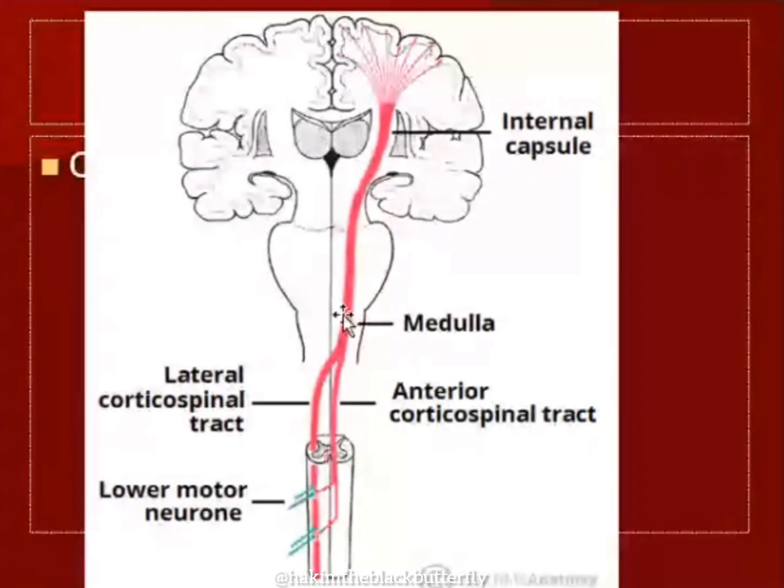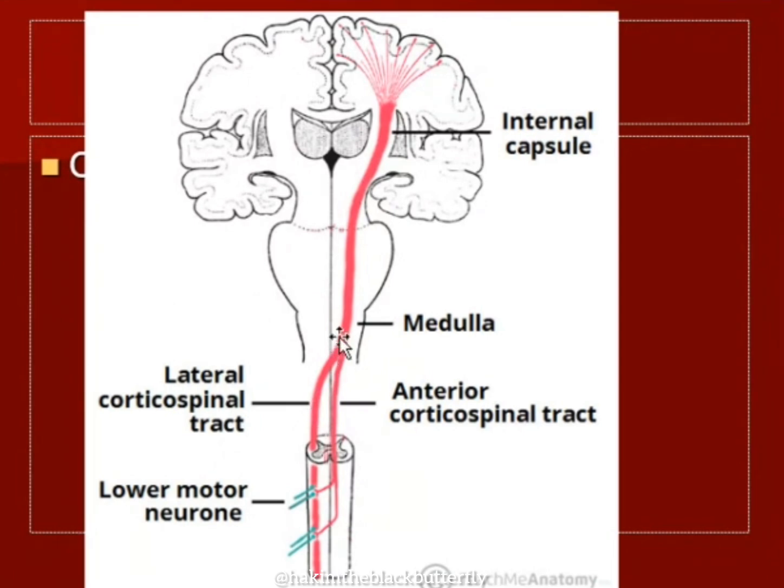And if the injury is on the left still, before the decussation, for the trunk muscles, the paralysis is going to be on the same side. But if the injury is at the level of the spinal cord, the paralysis is going to be on the same side as the injury, because the injury is when the tract has already decussated. So remember and never forget that the motor impulses which cross to the opposite side are going for upper and lower limb muscles.